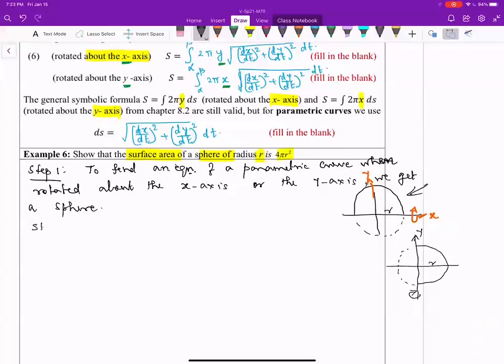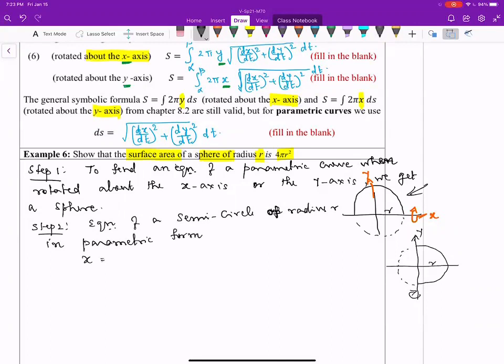So the equation of a semicircle of radius r in parametric form is x equals r cosine t, y equals r sine t.